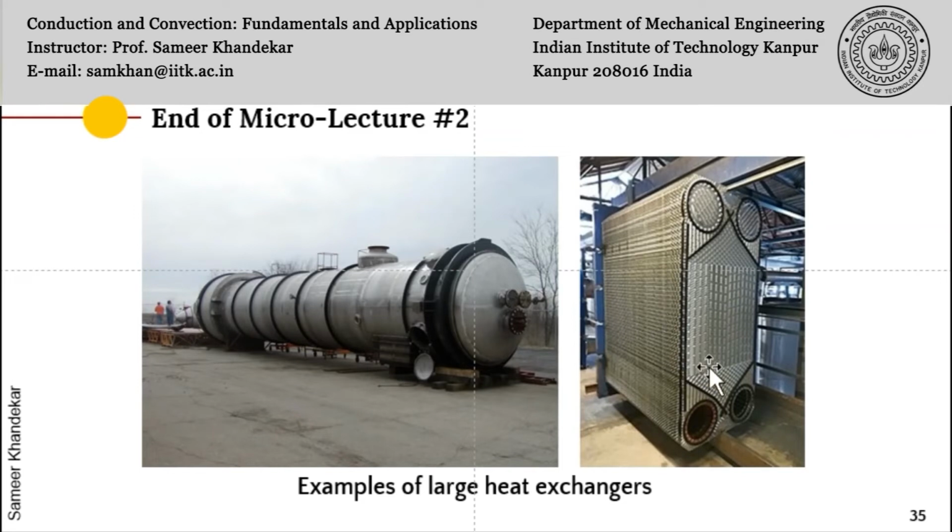And you can see the serrated fins. You can see the inlet outlet ports also. Alternate, let's say the gap between alternate tubes is filled with hot and cold fluid. So they are stacked together. And we would like to know the overall heat transfer coefficient under such conditions. So with this, I close my lecture number 2 at slide number 35.